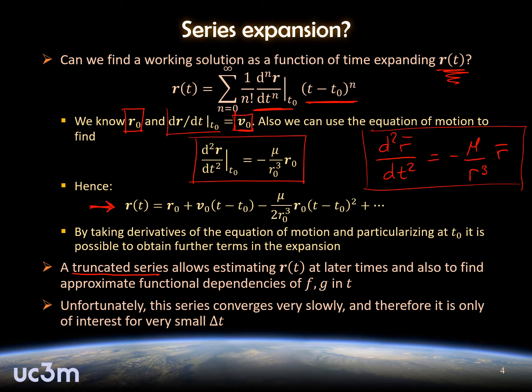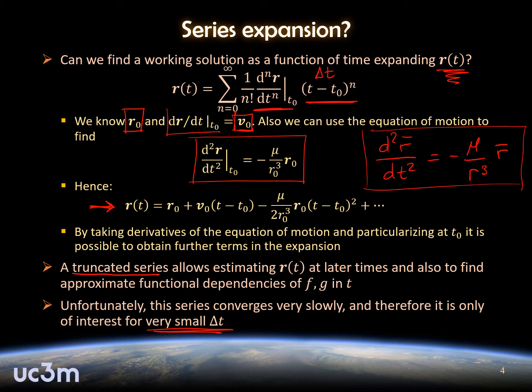It is only a good approximation for very small values of delta t, where delta t is the increment between the initial time and the current time. So this is not a sufficiently good approach in general. So we are going to try to find a different way of finding this relation between the position and time.